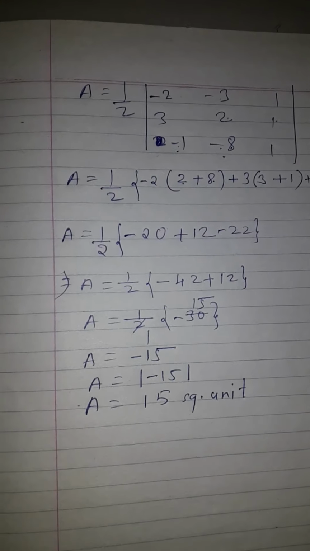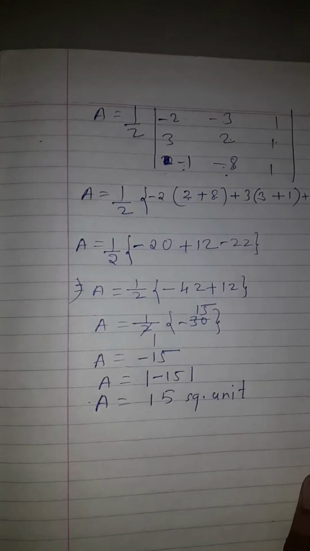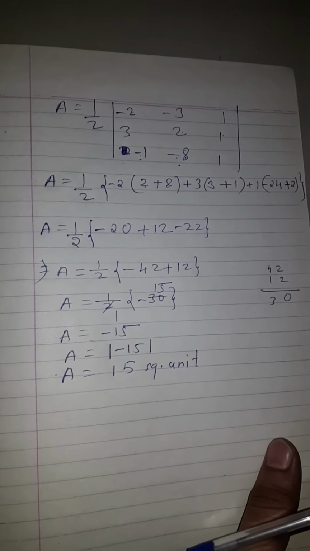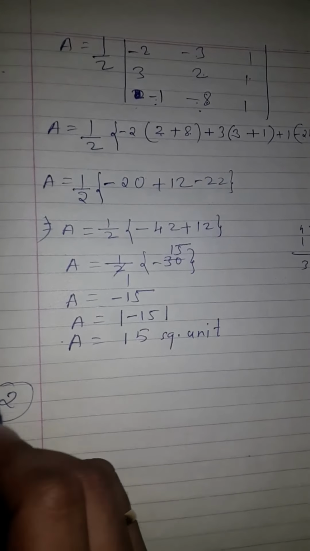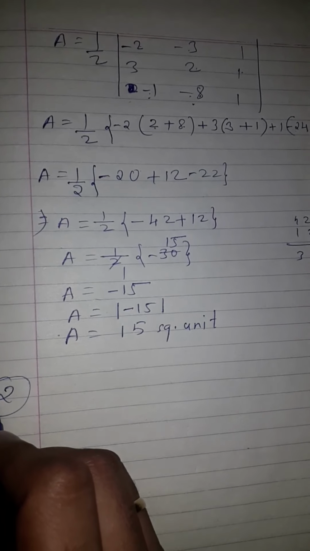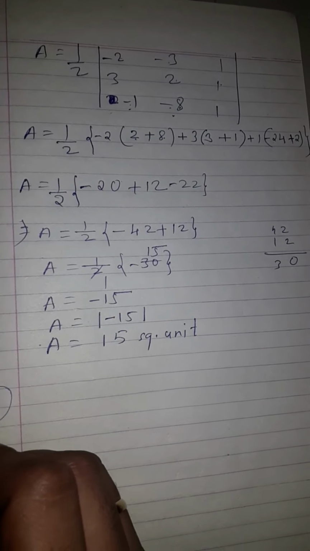Now similarly, in this there are three types of problems, so one I have solved. Now my second question. Once we complete with this, I will give you the exercise for homework.